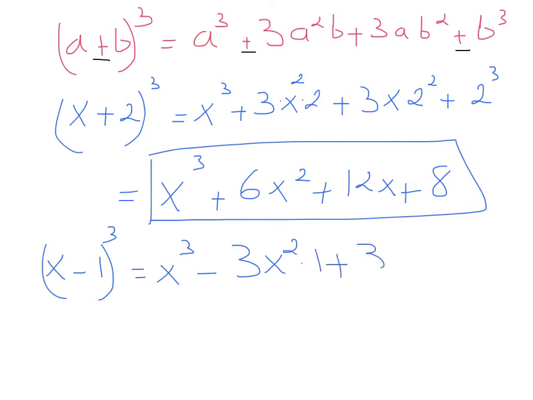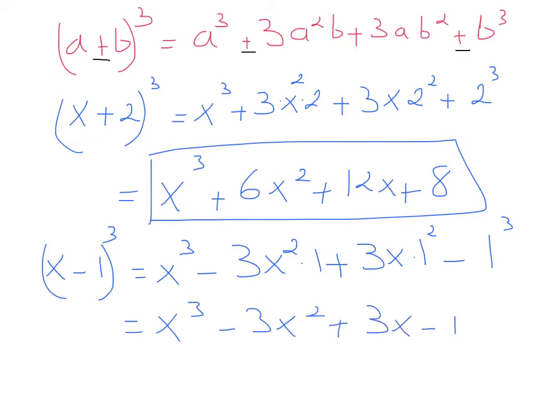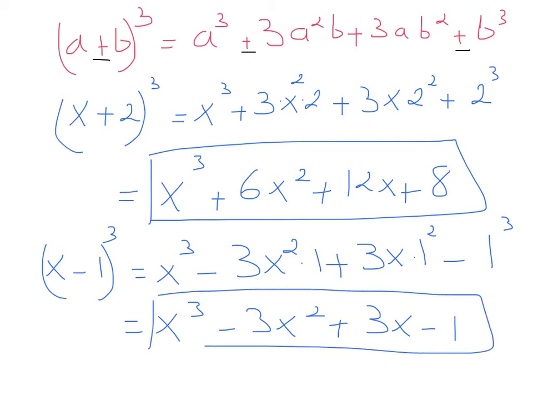Plus 3x times 1 squared, which is 1, of course, minus 1 cubed. So the answer will be x cubed minus 3x squared plus 3x minus 1. And that's the final answer. So this is called the cube of binomials or perfect cubes. Let's move to another thing here.